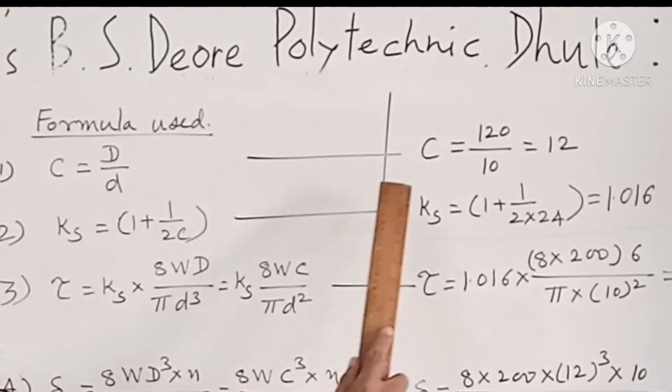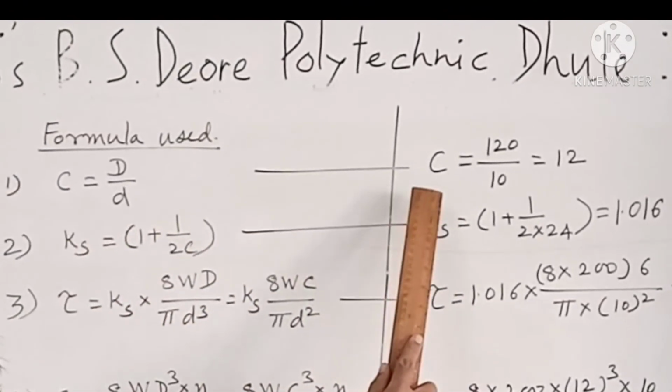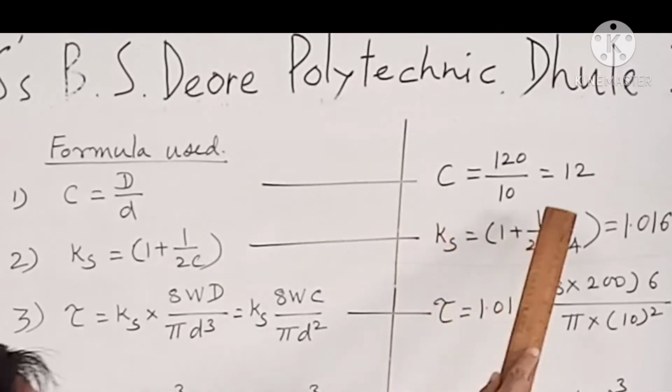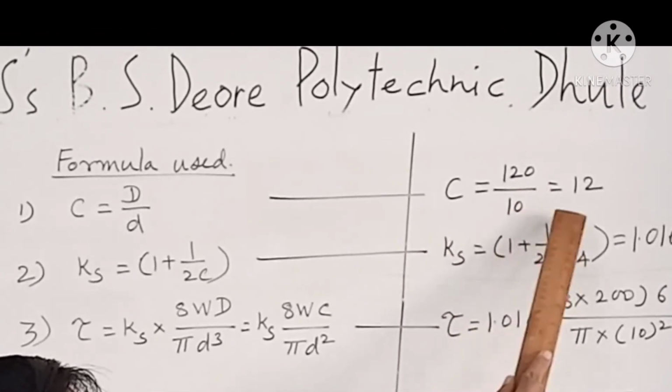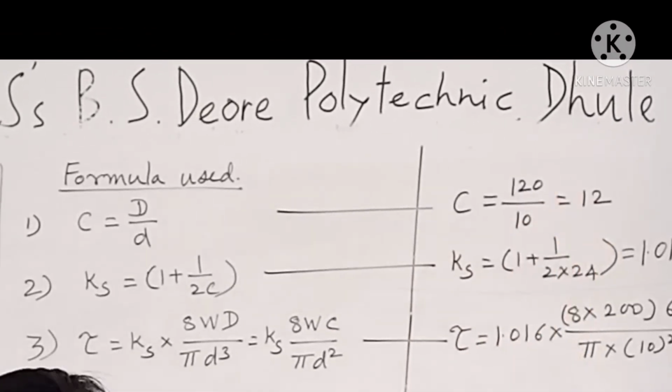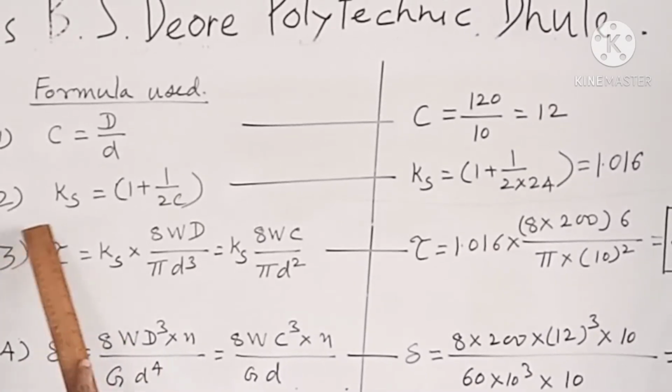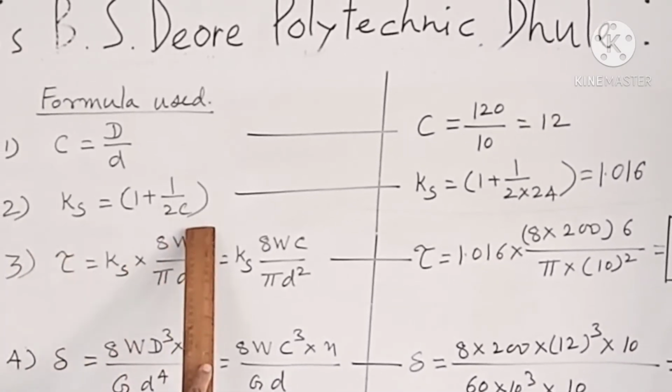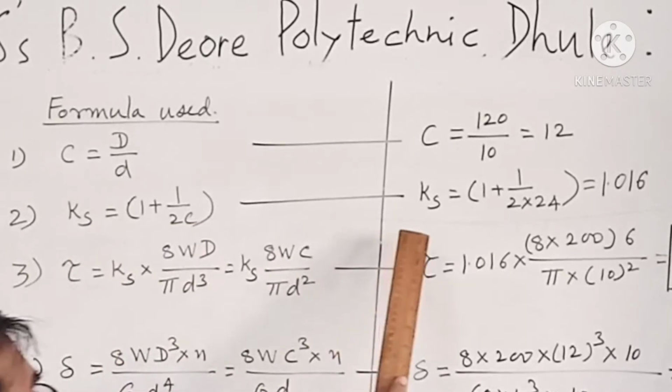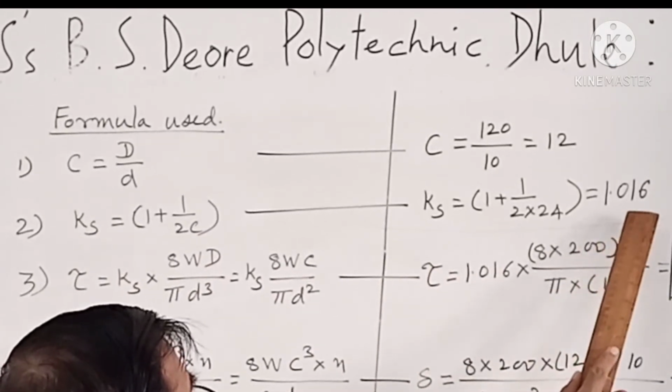Now just see, the value of spring index C is equal to 120 upon 10, that comes out to be 12. The value of Ks, putting the value of C in this equation, comes out to be 1.016.